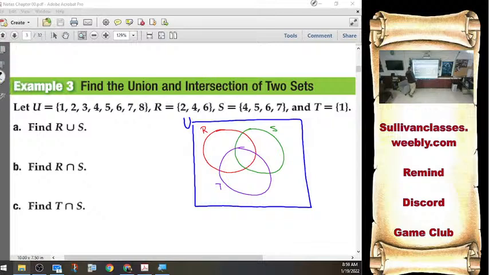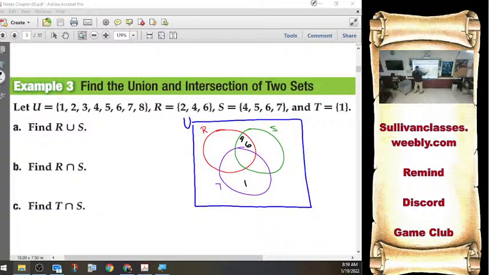So T has 1, and that 1 is not in the others. In T, but not in the others. R and S have a 4 and a 6 in common, so I have to make sure it's in the R and the S, but not in the T. 4 and 6.